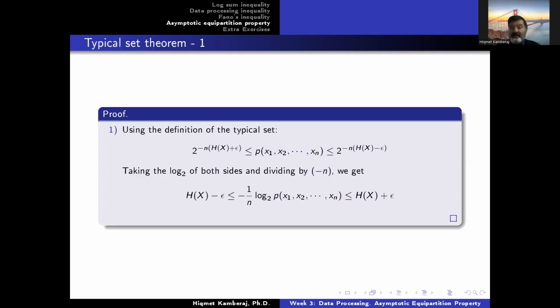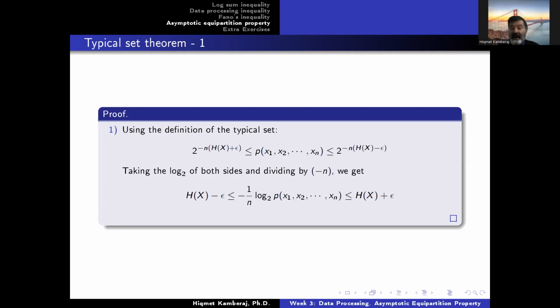We first prove the first part using the definition of the typical set: 2 to the power minus n (H of X plus epsilon) is less than or equal to p of x1, x2, xn, less than or equal to 2 to the power minus n (H of X minus epsilon). Now take the log with base 2 of both sides and divide by minus n.